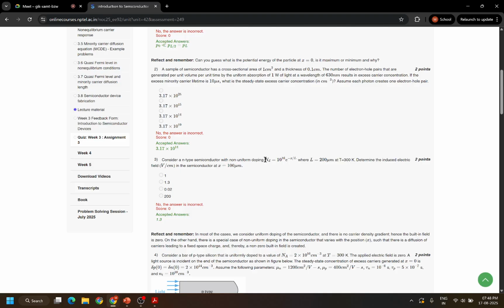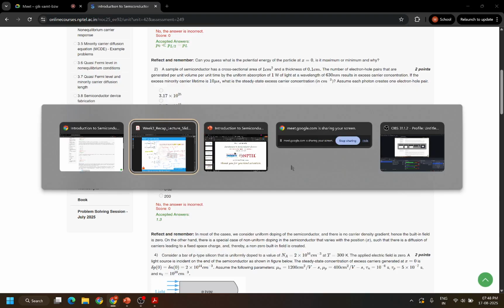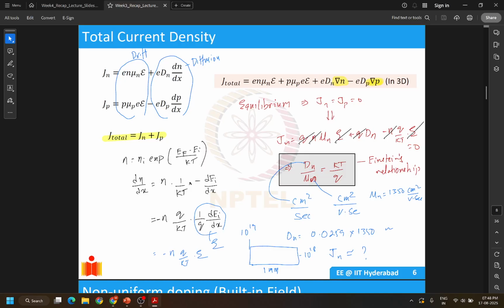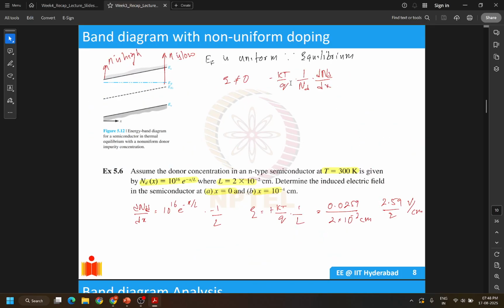So here you have a non-uniform doping, 10 per 16 e power minus x by L, where L is 200 microns, and you have to determine the induced electric field in the semiconductor at x equals 100 microns. So this again is from the non-uniform doping. So electric field is given as minus kT by q, 1 by Nd, dNd by dx.